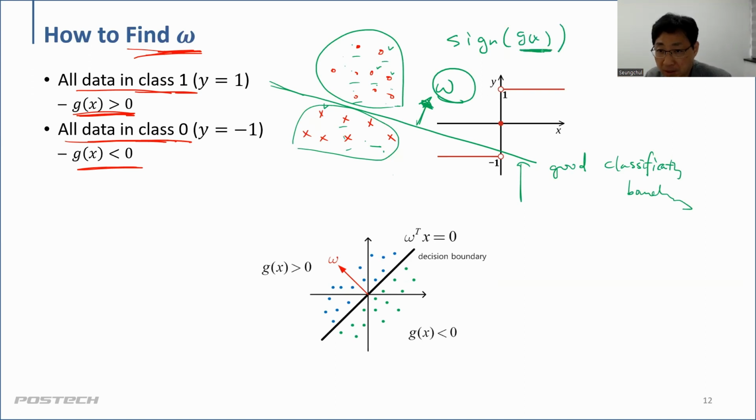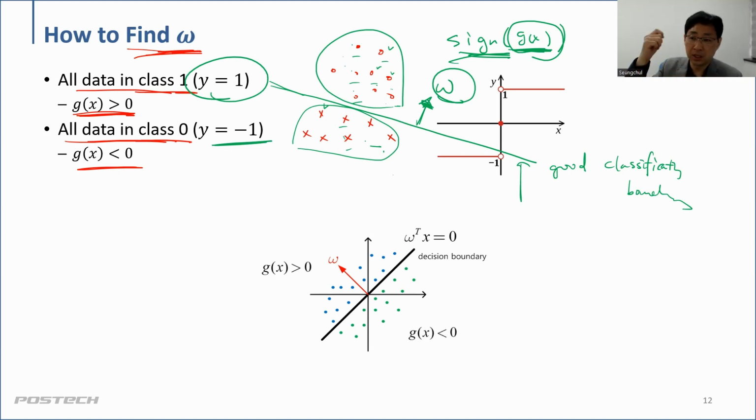If it's positive, since we have the sign function, the label is going to be 1, and if it's negative, it's -1. That's why when you do labeling for binary classification for perceptrons, we label 1 for one class and -1 for the other class.